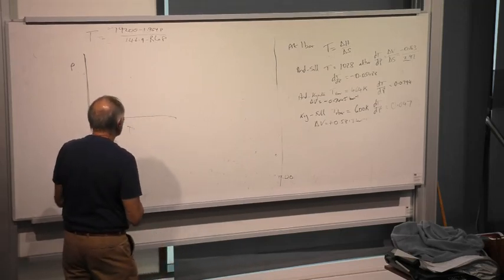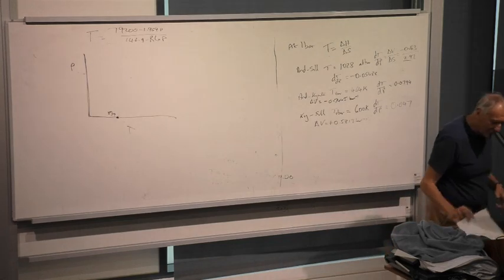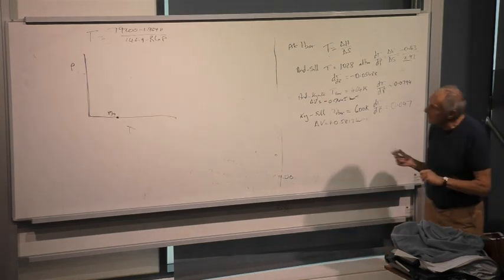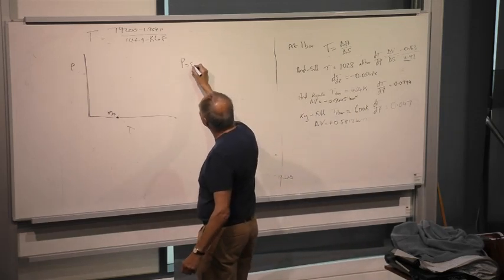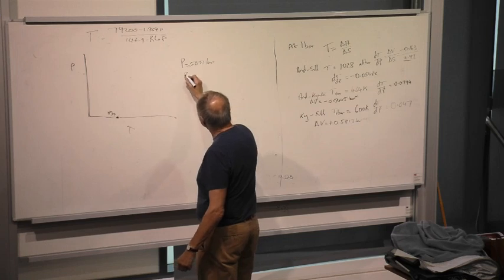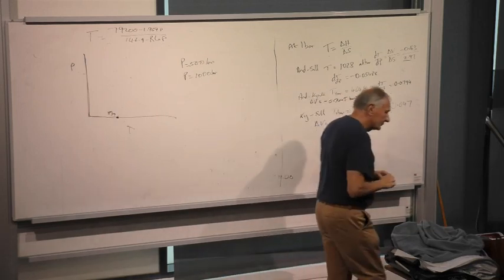So why don't we do the calculation? Let P equal 500 bars. Let's see what we get. And let's do it at P equals 1,000 just to show what happens.